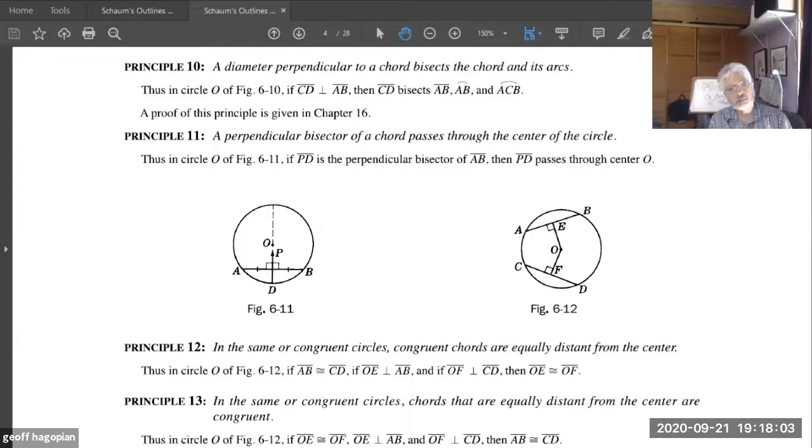Since the big triangles are congruent, the little triangles will also be congruent, so EO is congruent to FO, and so they're equidistant. That's just talking it through out loud. Will that do?